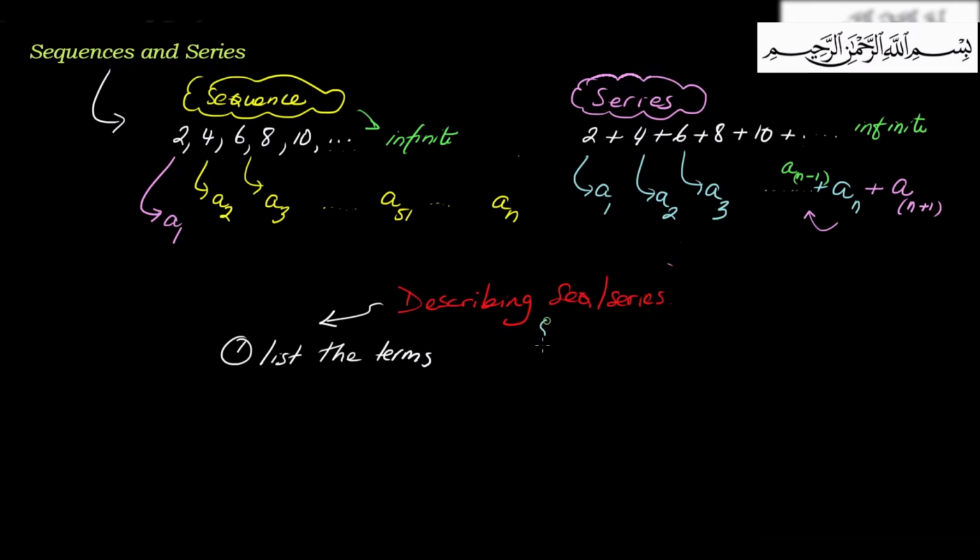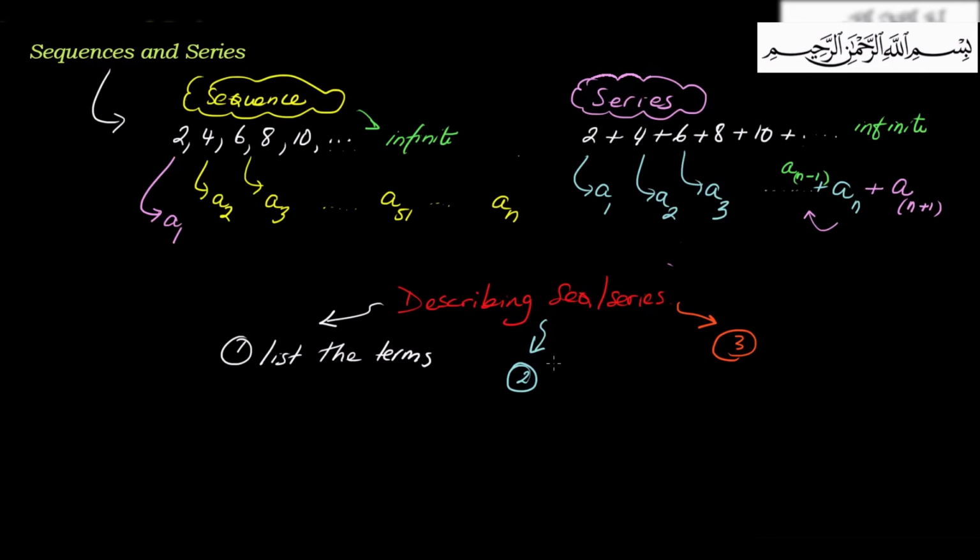Another way of describing a sequence or a series is to give a rule. So you can describe a sequence or series by just listing the terms, or you can describe it by giving rules. By giving rules, we mean you can give a rule, a mathematical formula that says this is how you get the nth term.